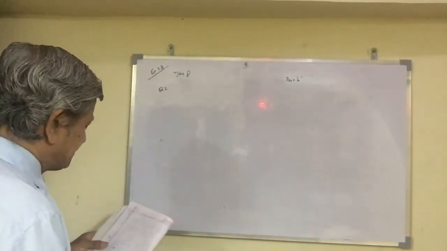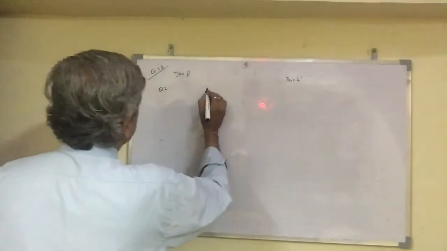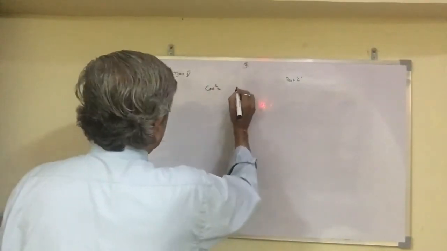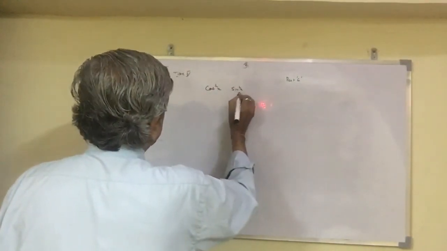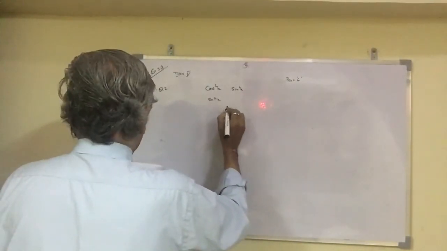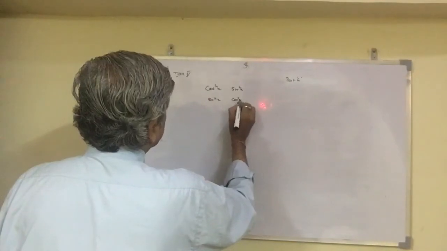a very easy example here. I will give you just one line questions. It is cos square x, sin square x, then sin square x and cos square x.